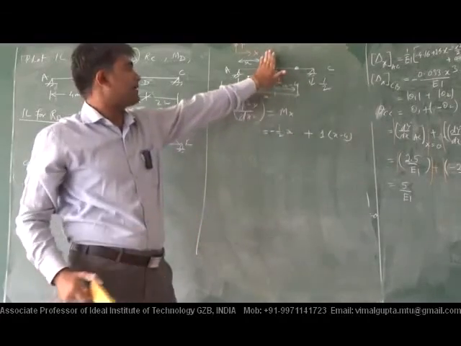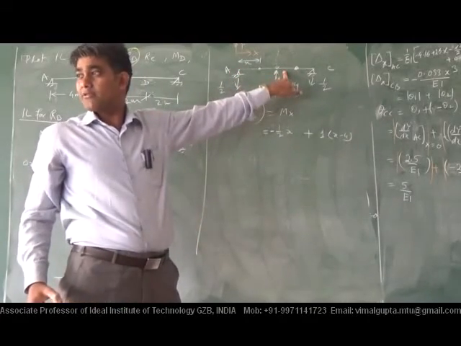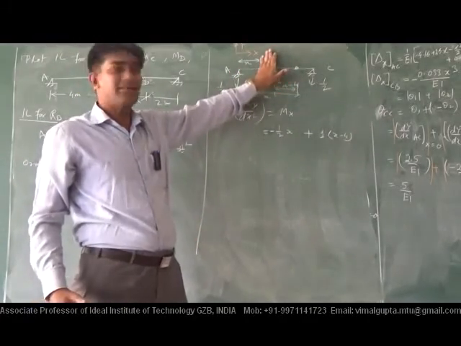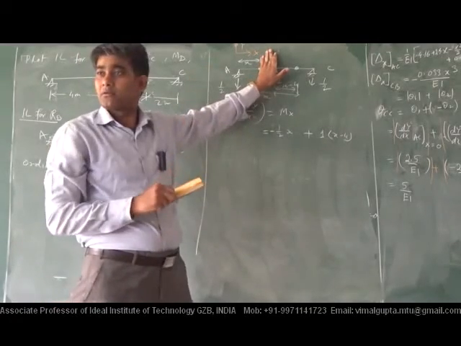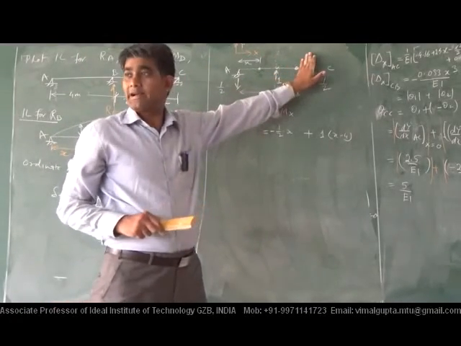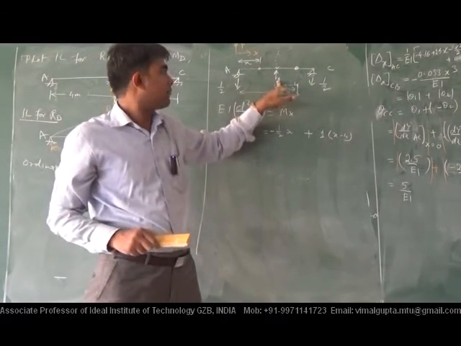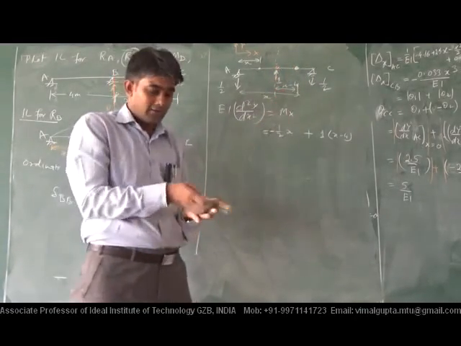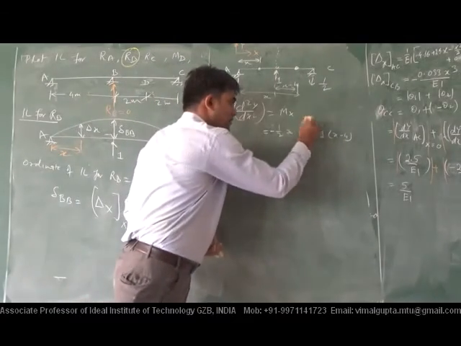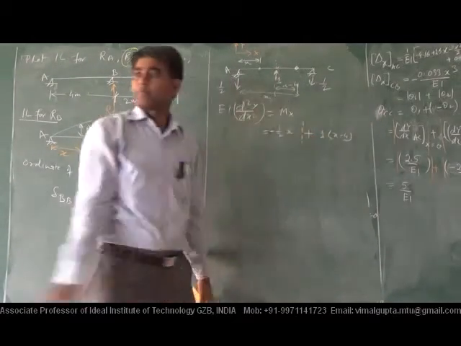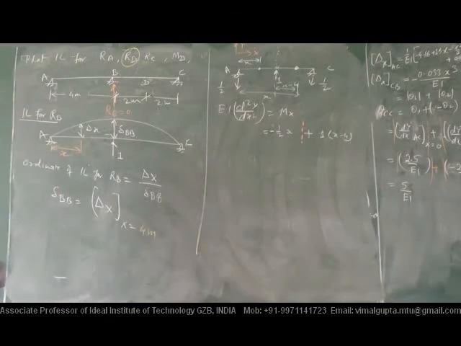So the moment at this point for this one segment, AB segment, is 1 into x, and for this, that part will also be considered, plus 1 into this one, and that will be separated by a dotted line.